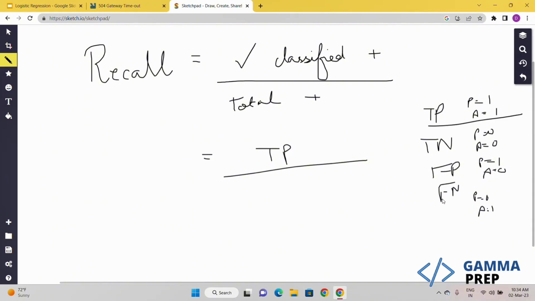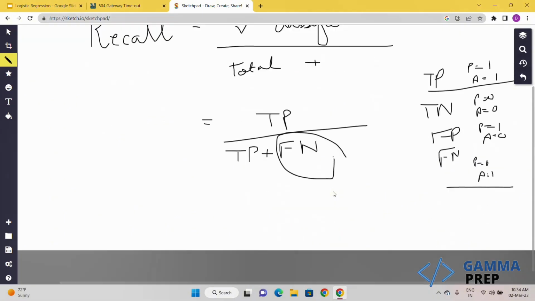True positives and false negatives, right? So the total actual positive classes would be true positives plus false negatives, and this is basically your recall. Recall should also be as close to 1 as possible, because in the denominator we have false negatives, which we want to minimize as much as possible.